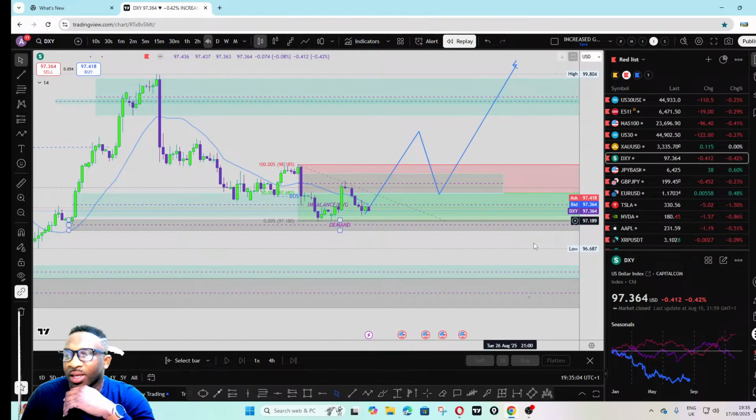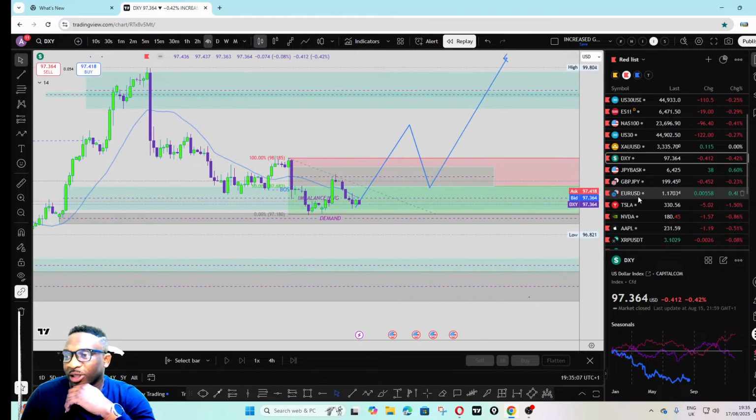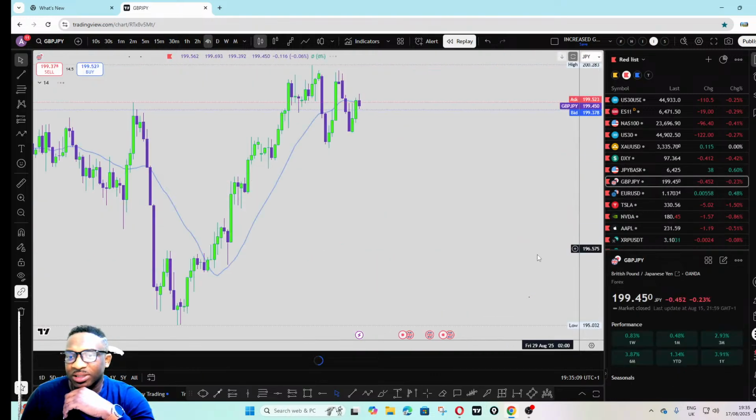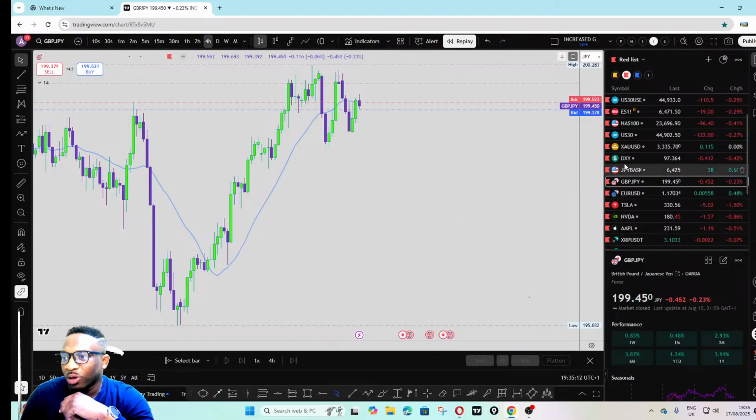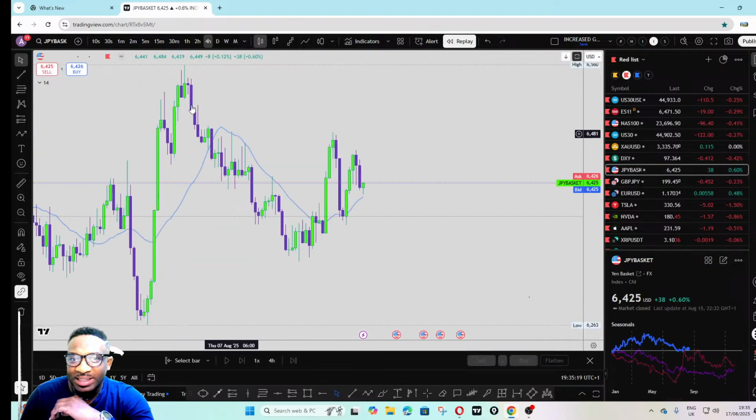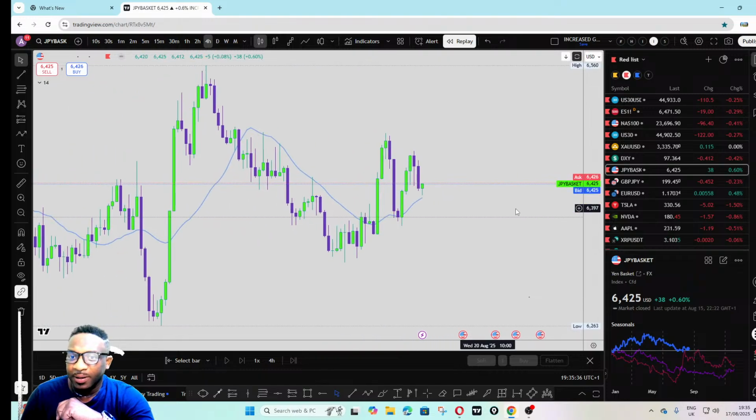In the same vein, if you trade GBPJPY pairs, what you should be looking out for is what's happening on the yen basket. This is the JPY basket, also known as the yen basket. We can see here the yen basket is on the 4-hour time frame.